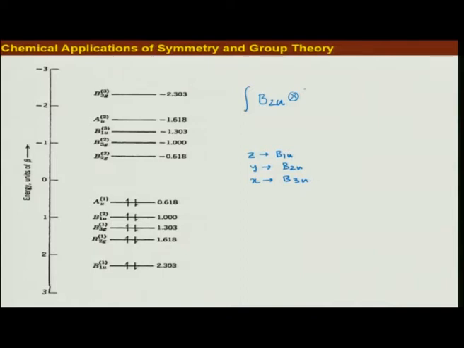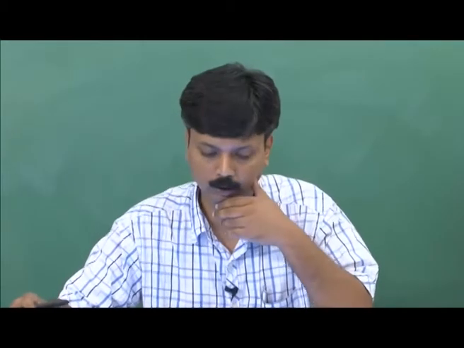So you have B1U, B2U, B3U. And then you have this AG, which is a totally symmetric IR and represents the ground electronic state.